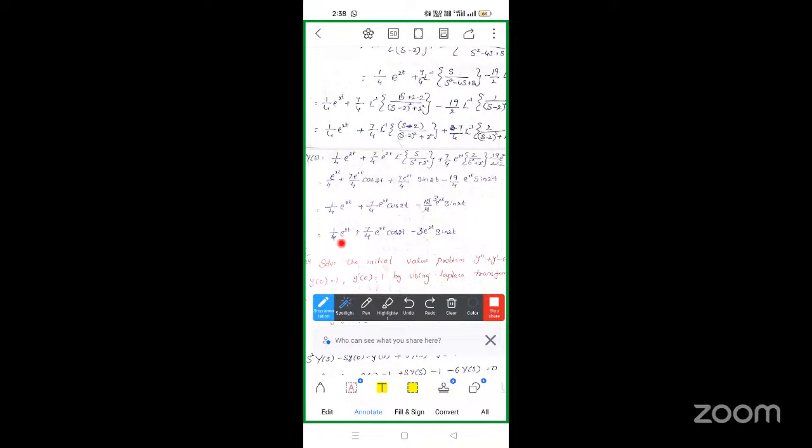Therefore, 1 by 4 e power 2t plus 7 by 4 e power 2t into cos 2t minus 3 into e power 2t into sin 2t.